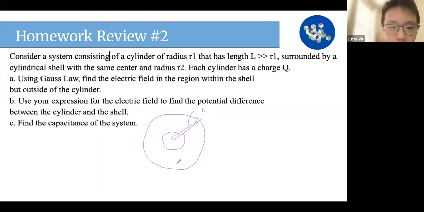And then the inner cylinder has a radius R1. Each cylinder has a charge Q, so it'll look like Q over here and Q over here.